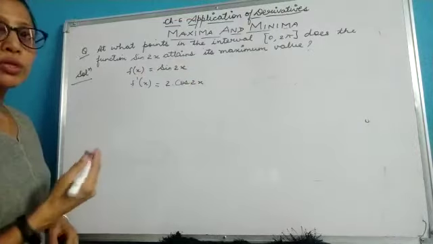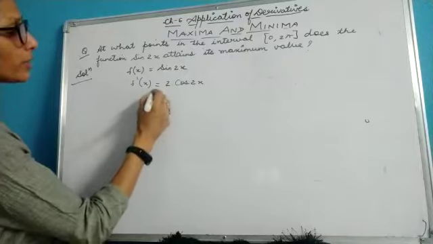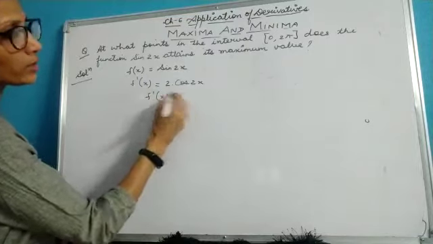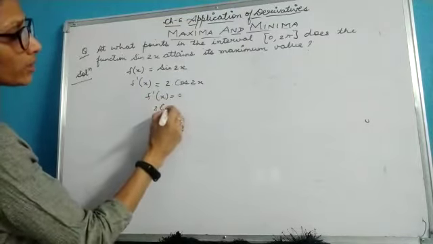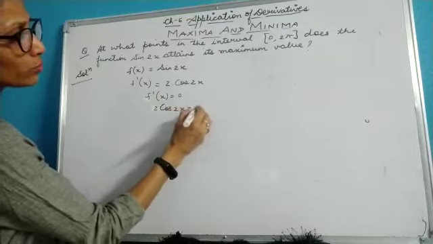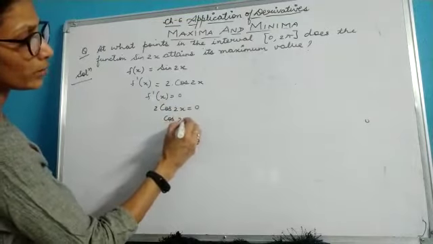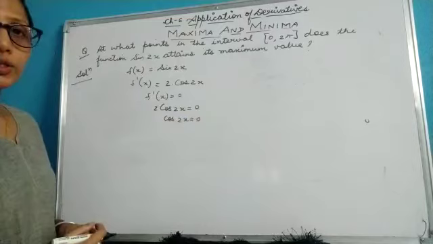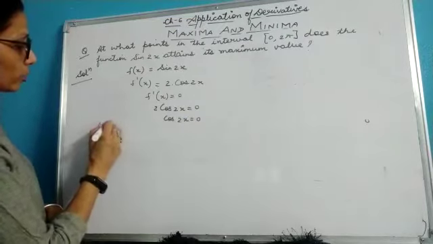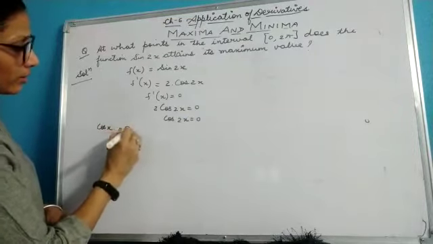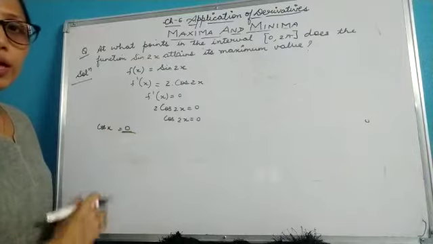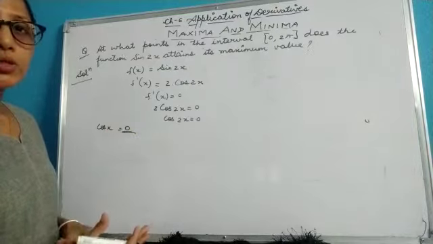Now I have to get the critical points. For it I need to equate f dash x equal to 0. So this is twice of cos 2x equal to 0, or simply cos 2x equal to 0. Now children, you know that cos x has the value 0 at odd multiples of pi by 2.